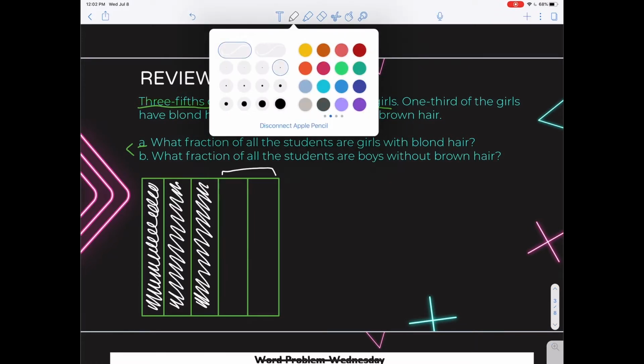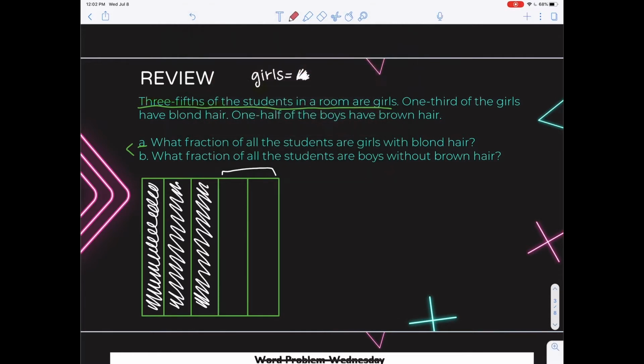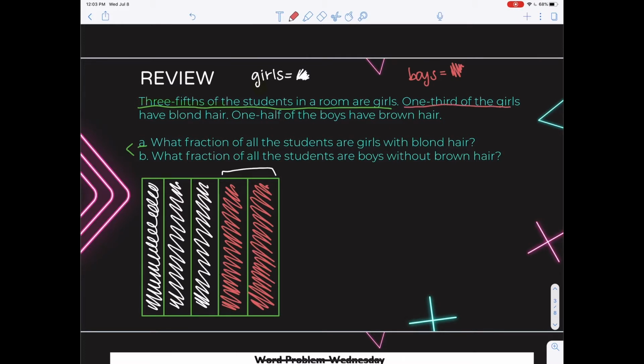So I'm going to use this salmon color for the boys. Okay, so there's my classroom. 3/5 are girls, 2/5 are boys.